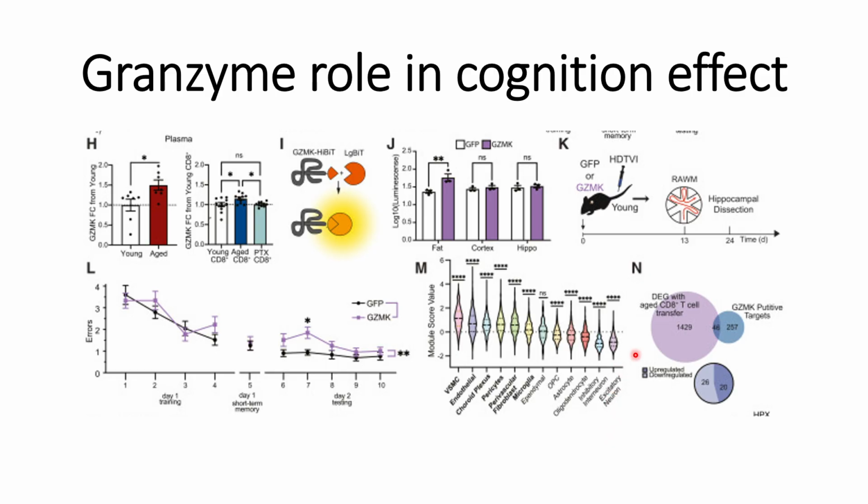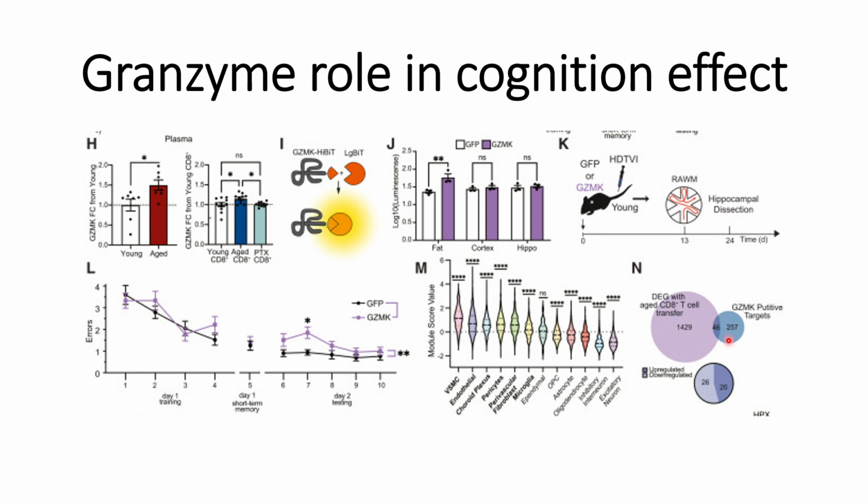Afterwards, when they compared these previously published Granzyme putative targets with the differentially expressed genes in the aged CD8 plus T cell adoptive transfer mice, they found that 46 genes are common between them.